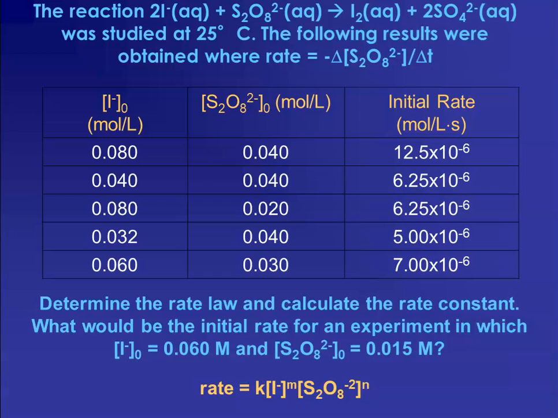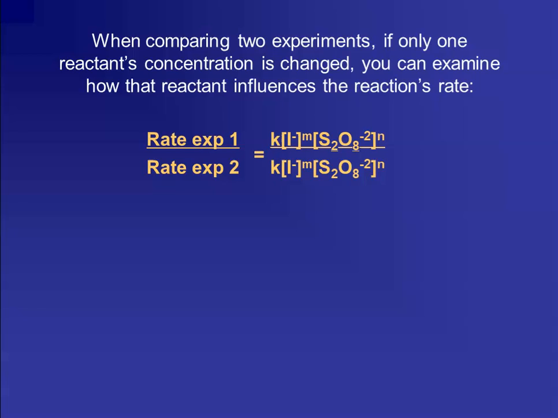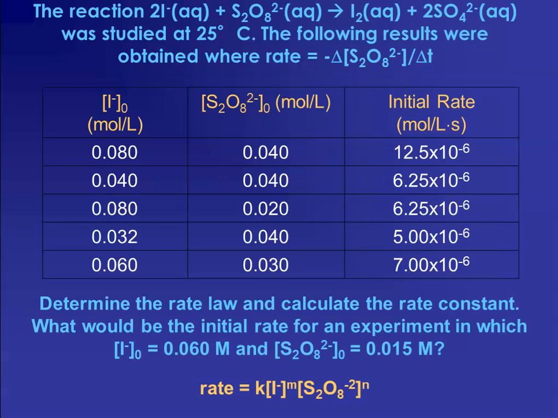So if I compare two of these sets of data to one another, if you only have one reactant change, you can basically cancel out the other reactant, and then you would only have one unknown. If I go back to experiments 1 and 2, we see that I minus is changing, but S2O8 2 minus is not changing.